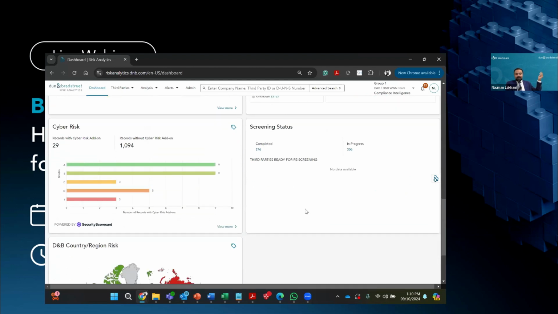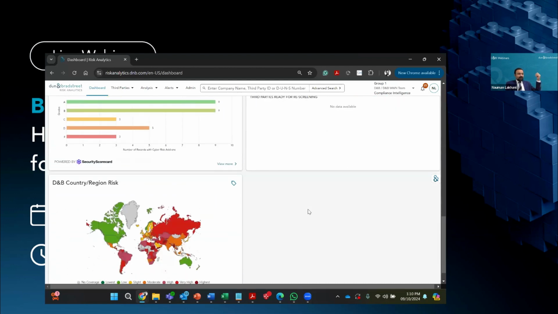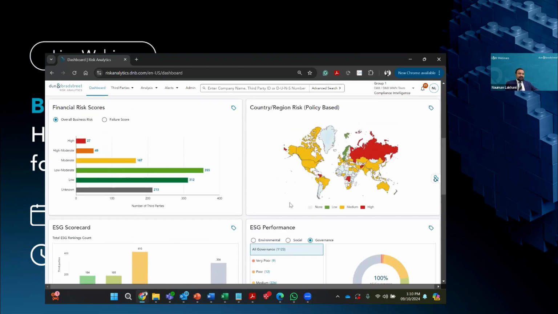And of course, in certain markets, we also cover the cyber risk ecosystem, so that is covered as well. This is something I just wanted to show based on that question, and that's a great question that has been asked.